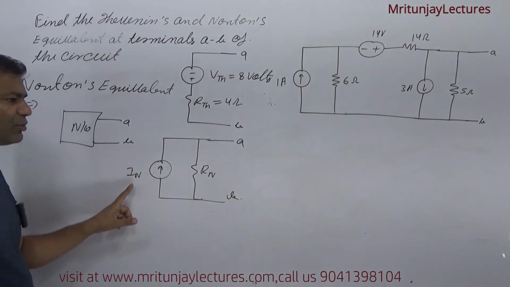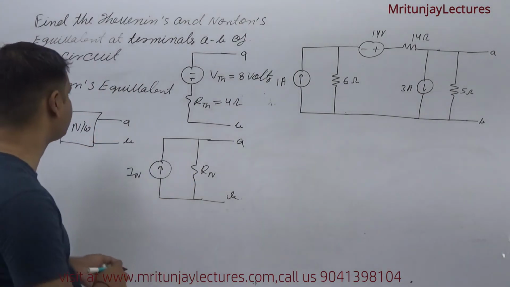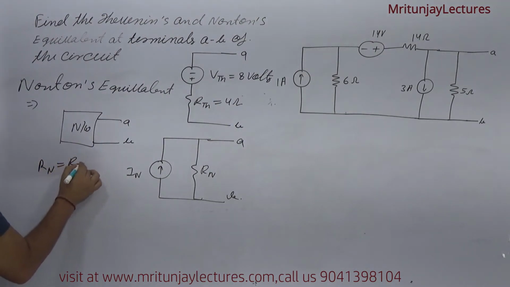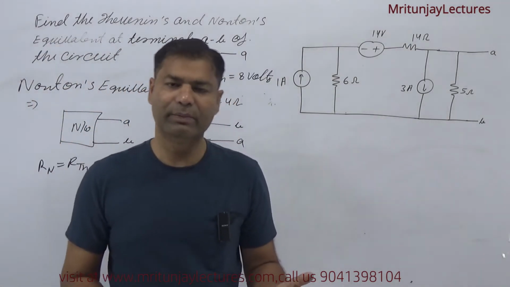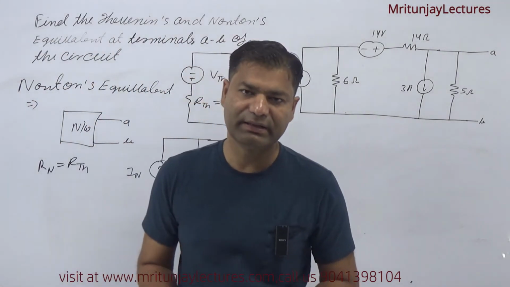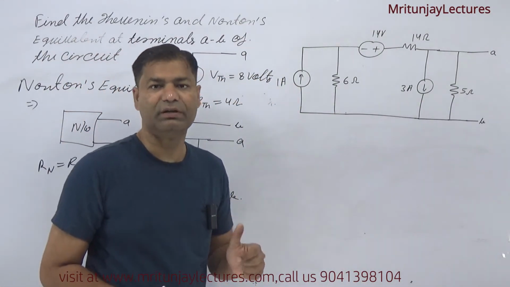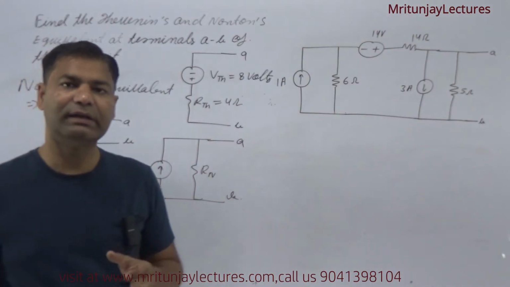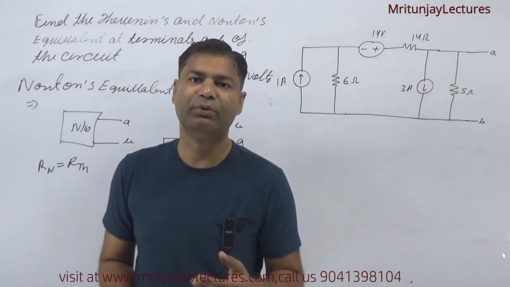So our motto is to determine RN and IN. RN and RTH are the same thing, with the same procedure. I have already discussed it. To determine RTH, first of all assign a terminal. Our terminal is AB, and after that all independent voltage sources and current sources are reduced to 0.